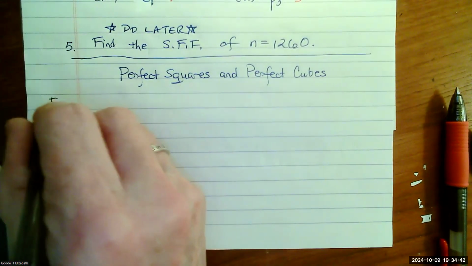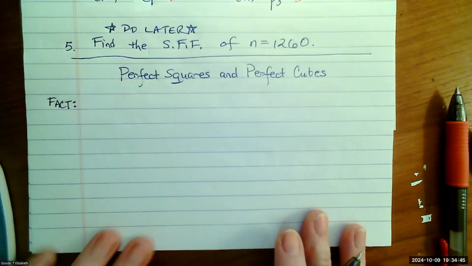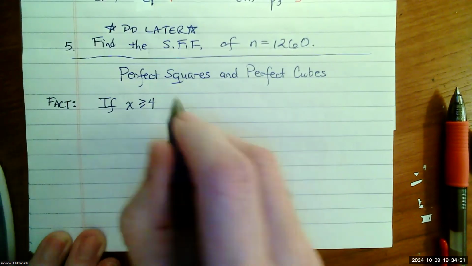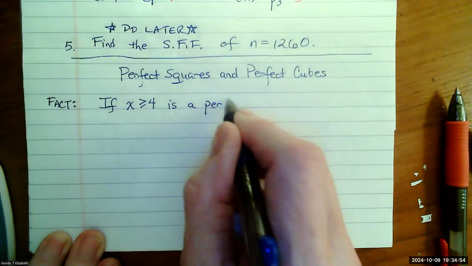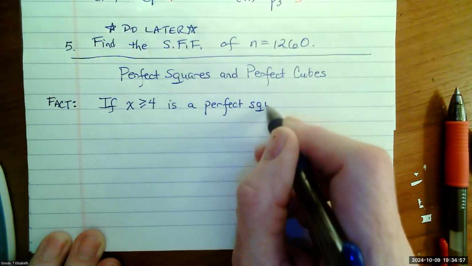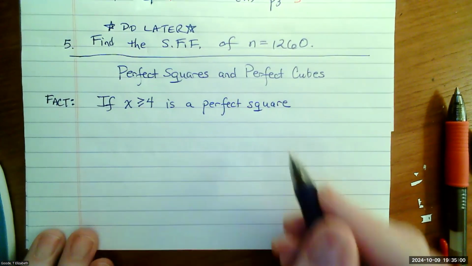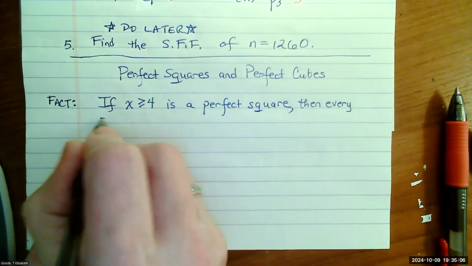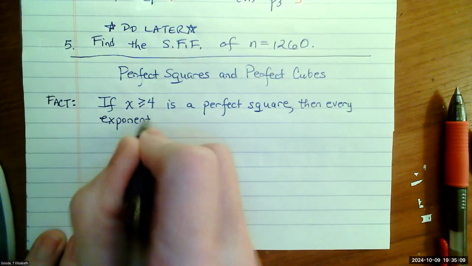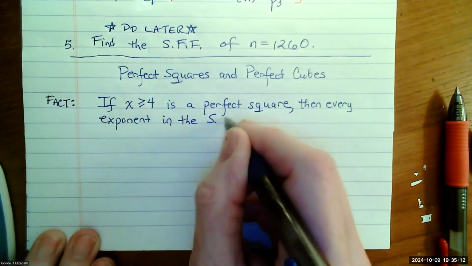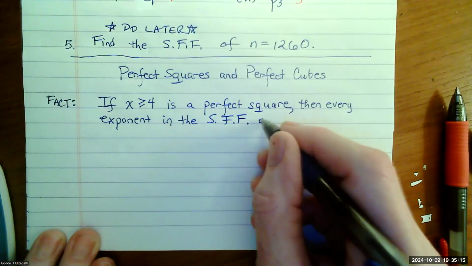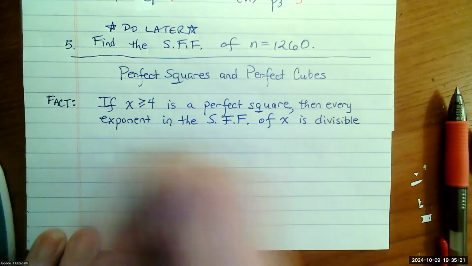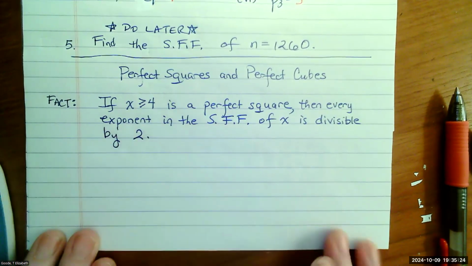So here's a fact, and we're going to verify this fact. If x greater than or equal to 4 is a perfect square, then every exponent in the standard factored form of x is divisible by 2. Now, why would that be?